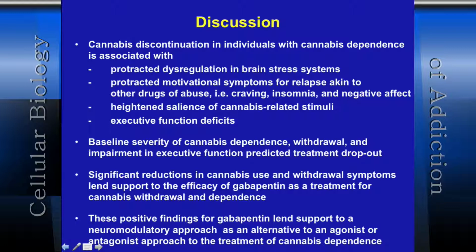And these positive findings for gabapentin lend support to a neuromodulatory approach as an alternative to the agonist or antagonist approach to the treatment of cannabis dependence that's often taken in substance dependence, you know, a replacement drug or a blocking drug.